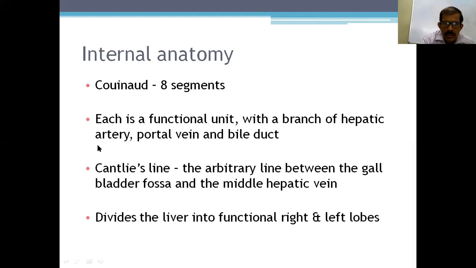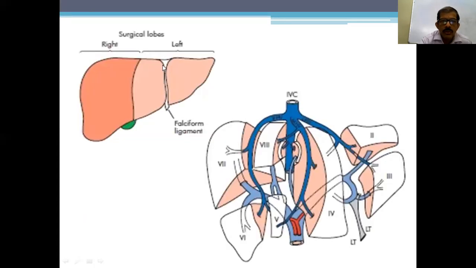Another term which you have to remember is Cantlie's line. This Cantlie's line will divide the liver into surgical lobes. Falciform ligament will divide, so this is the falciform ligament.